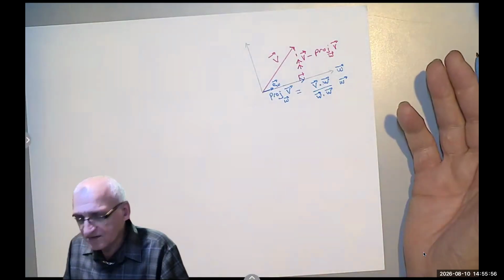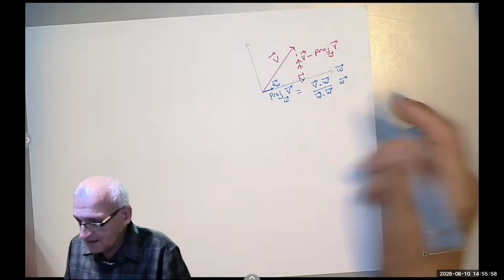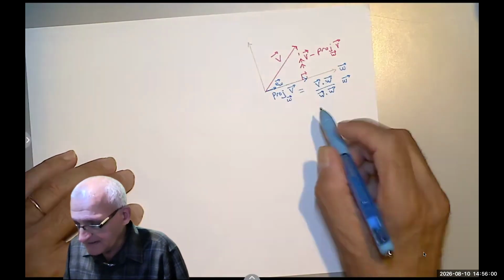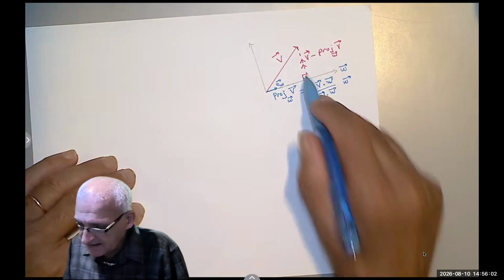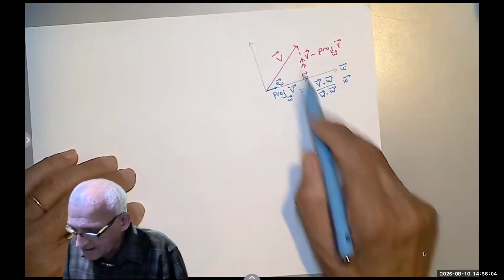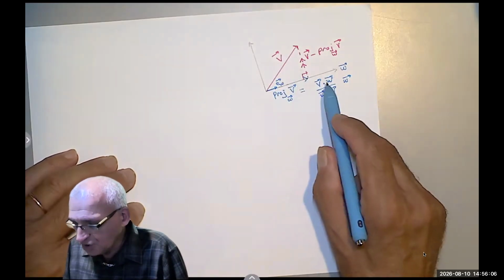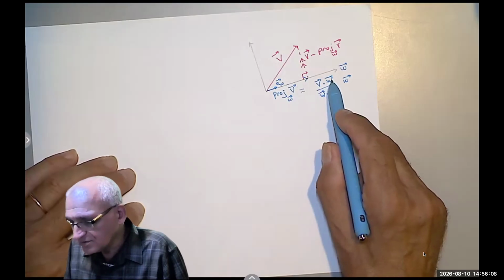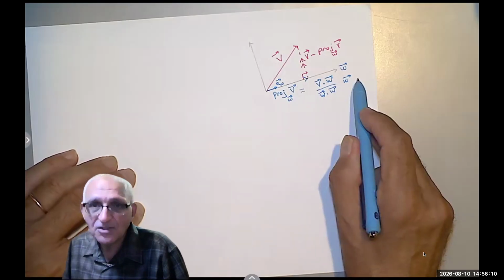Since it's a unit vector, that would be 1, right? So I can simplify it by saying this guy is V minus V dot the unit vector of W, times the unit vector of W.